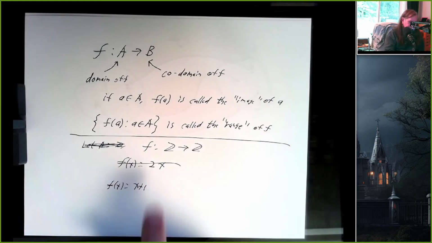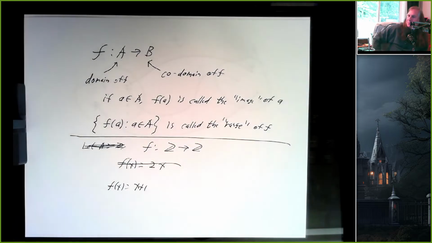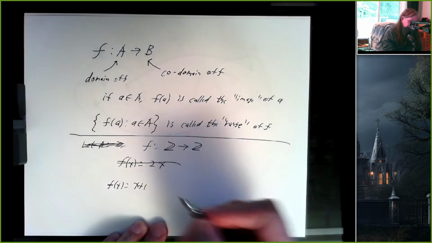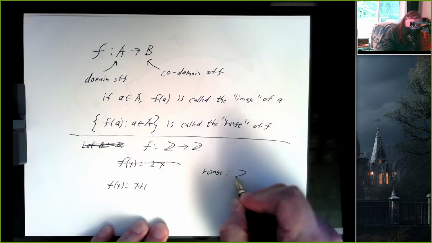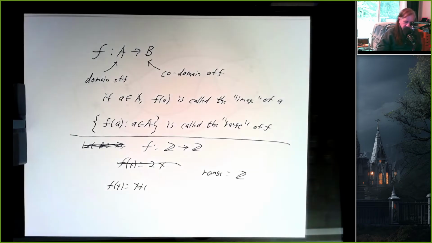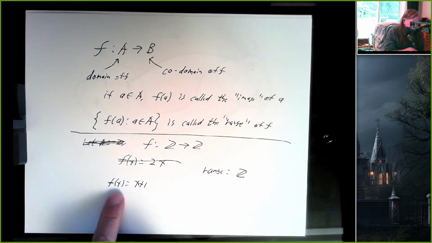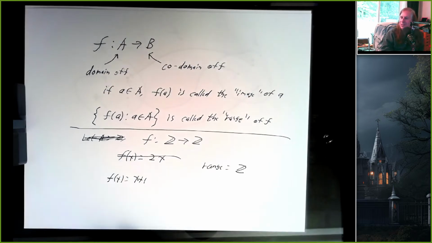So the number 3 maps to 4. Right? So the domain and codomain are Z. That you can just read from the way the function is written. But the range in this case is all integers, because any integer you think of, I can find some x so that x plus 1 is equal to that integer. Is that making sense? Cool.